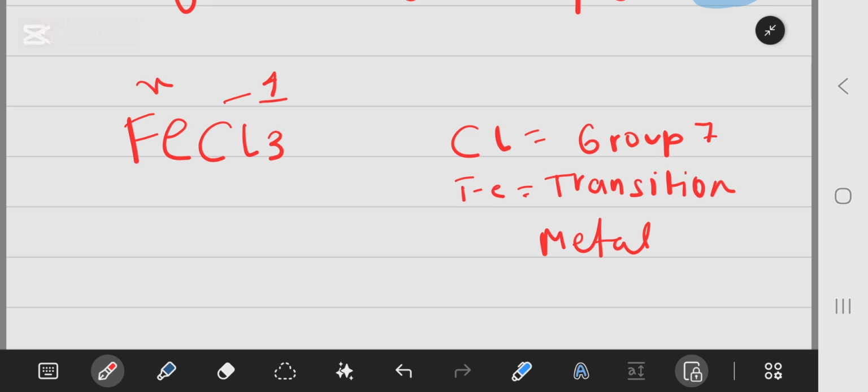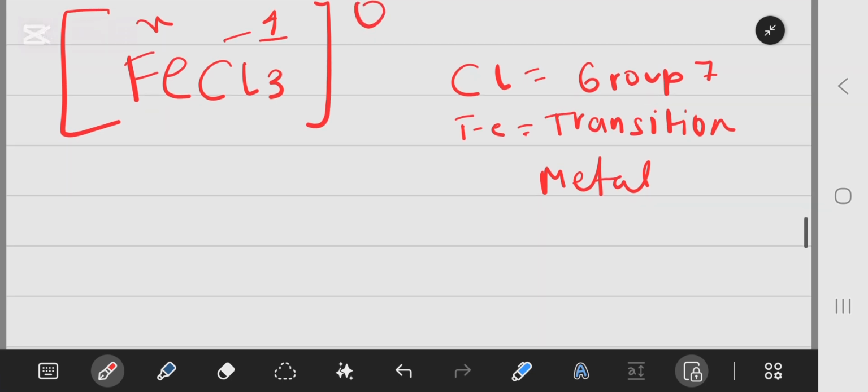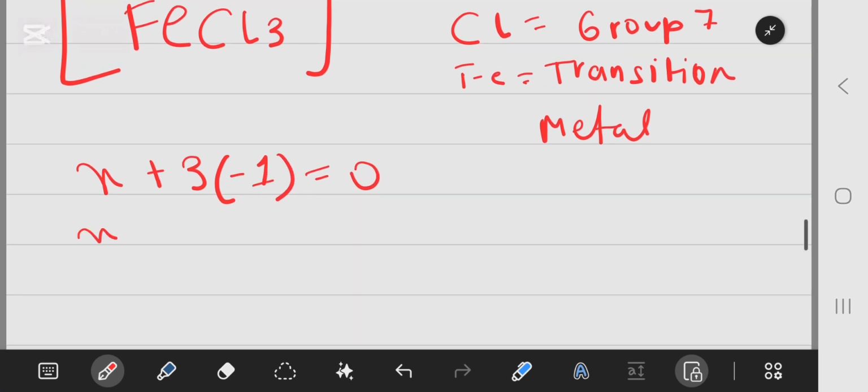So let's go with X, and I know that the overall charge, the overall oxidation number, of a compound is 0. So we need to construct a very basic mathematical equation, which I will write as X plus 3 times -1 is equal to 0. So X minus 3 is equal to 0, and X is equal to plus 3.